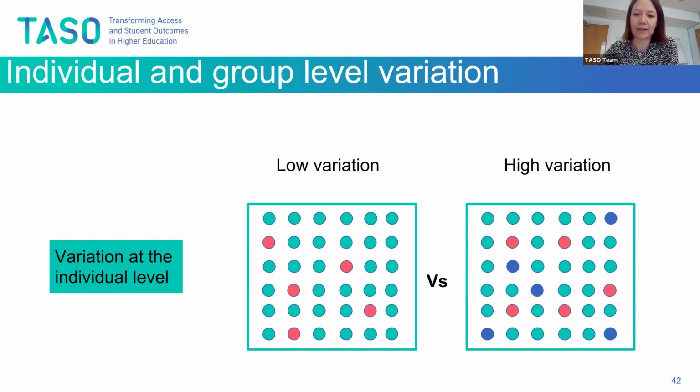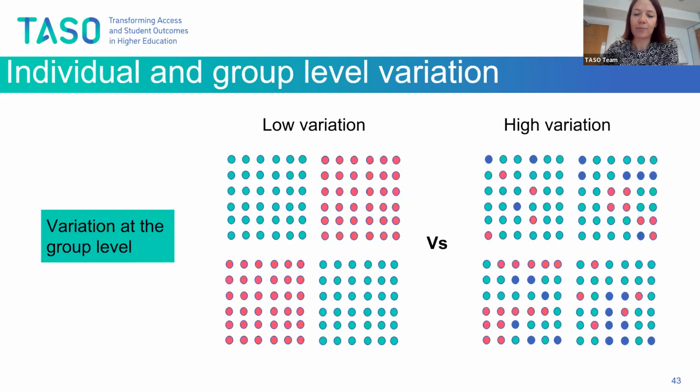So individual variance is something that's really important to cluster RCTs, but similarly, so is group variance. So on the left-hand side now, we have 4 classrooms or clusters that look quite different to the 4 classrooms or clusters on the right-hand side.